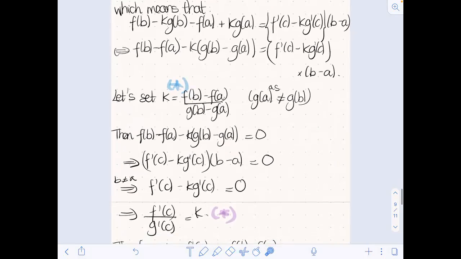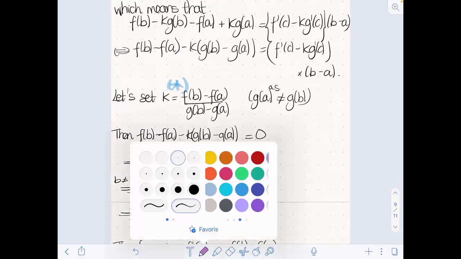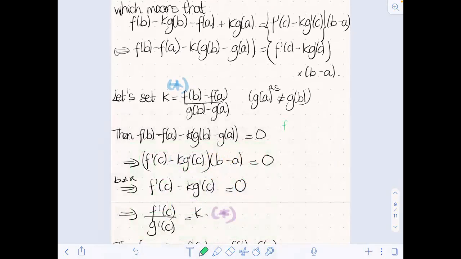If you write out what it's equal to with the value for k that we've specified, minus k times g of b minus g of a, we get f of b minus f of a, and then we use this expression for k, minus f of b minus f of a over g of b minus g of a, times g of b minus g of a.